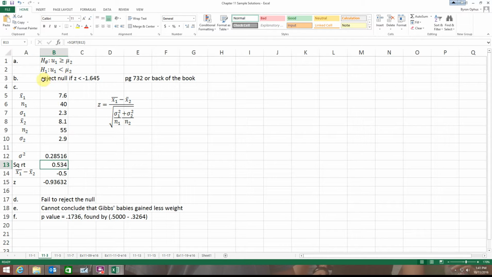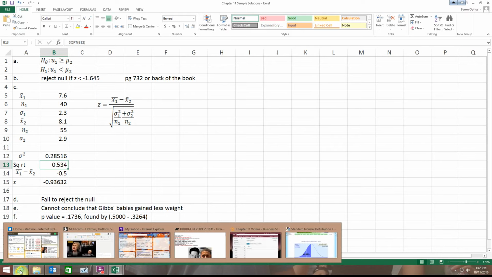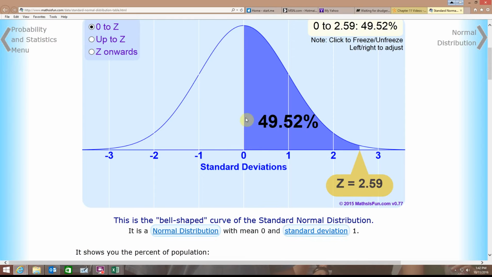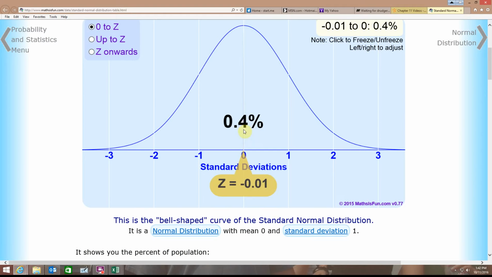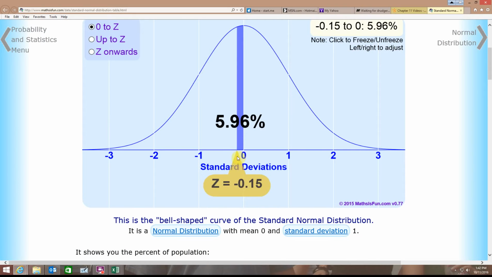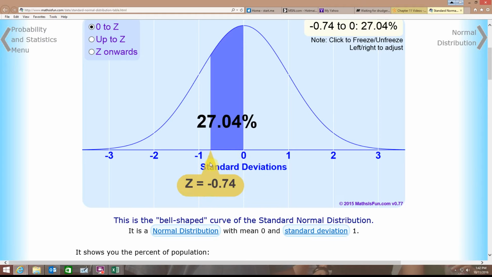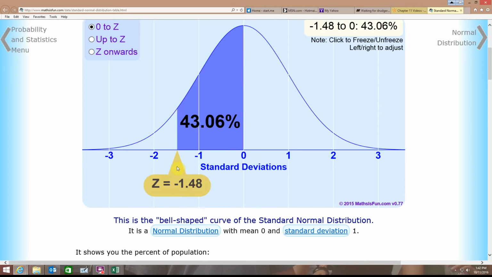So then the decision rule is we're going to reject the null and accept the alternate hypothesis if z is less than a minus value, so we got to look that up. Our 0.05 significance, but it's one-tailed, so we come out here to 49.